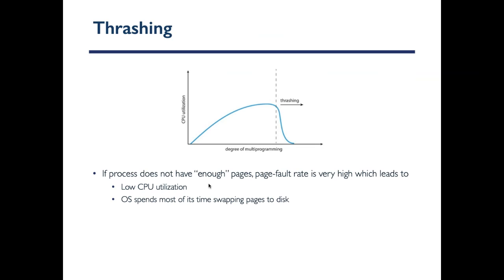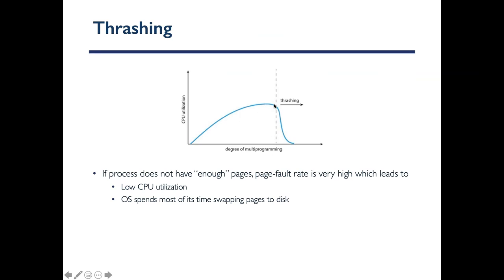Now you start running more and more applications. Your CPU utilization goes up and up and up. You might think that I can just keep adding more processes and expect my CPU utilization to keep going up. What happens is that at some point it will actually crash.